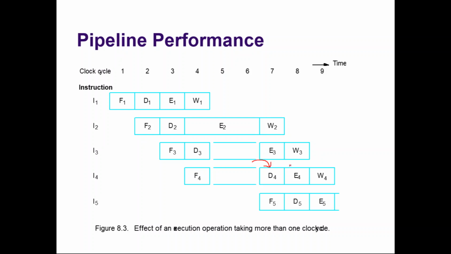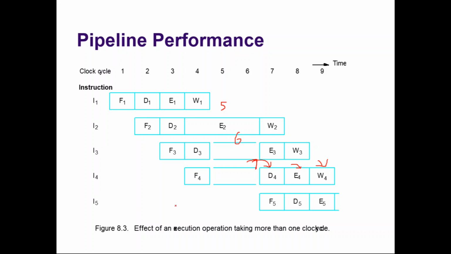When instruction 3 execution starts, then instruction 4 decode starts. Are you getting it? And then it executes and then it writes. So it is completing at the 9th clock cycle. Otherwise it should have completed at the 7th clock cycle. Similarly, instruction 5, if you see, is not even fetched.